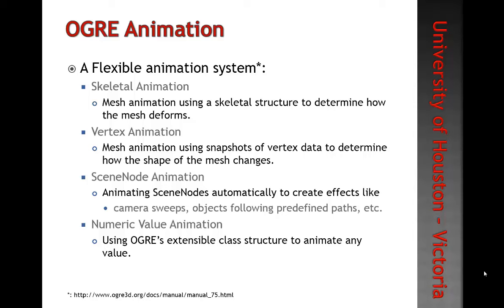We'll talk about it next. You also have vertex animation. Basically, you can animate a mesh by using snapshots of vertex data and then determine how the shape of the mesh will change, kind of like morphing animations.